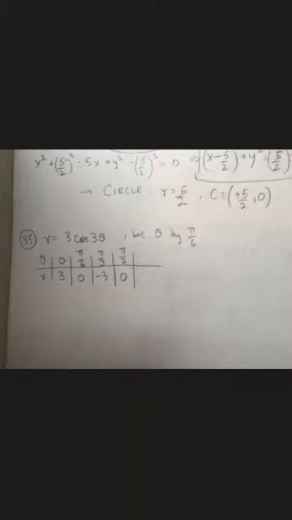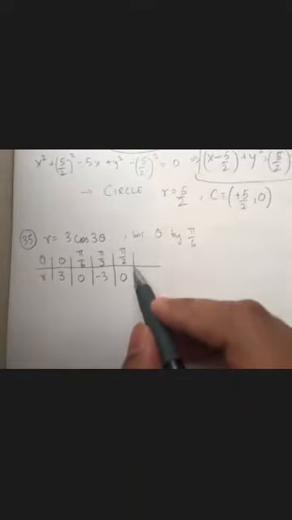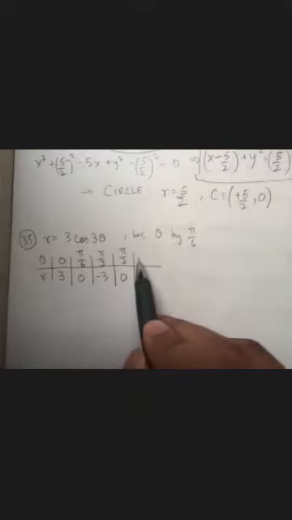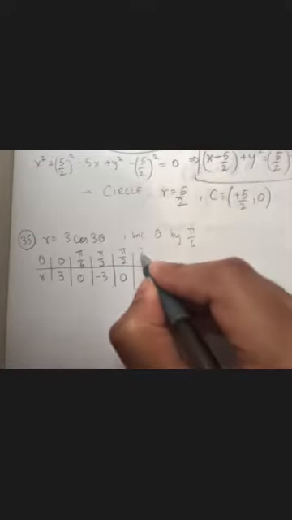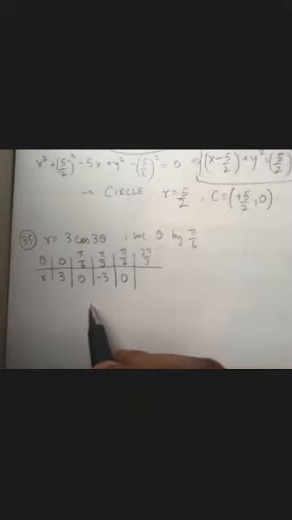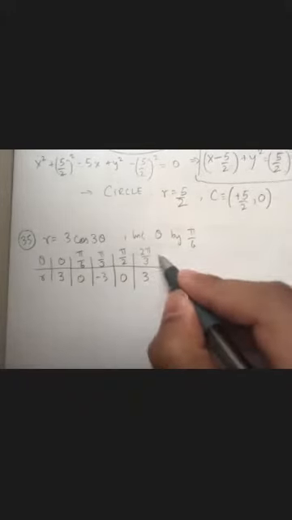We can go up till pi. So next we get 4 pi over 6, which is the same as 2 pi over 3. And cos 2 pi is 1, so we get 3.